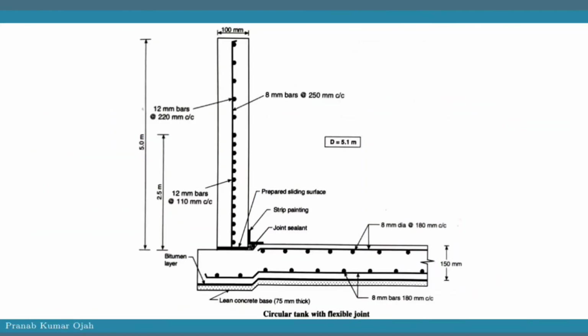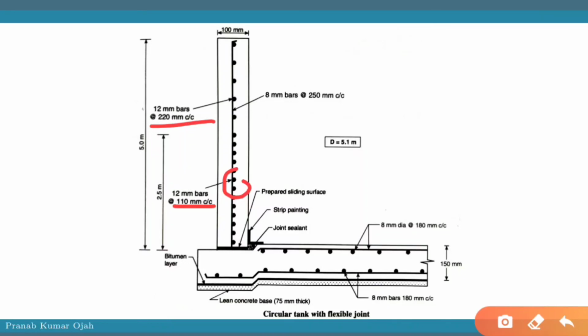If you see the design details, for the bottom portion, below 2.5 meters, we have provided the hoop reinforcement as 12 Tor at 110 mm center to center, and above the 2.5 meter height we have provided 12 Tor at 220 mm center to center.